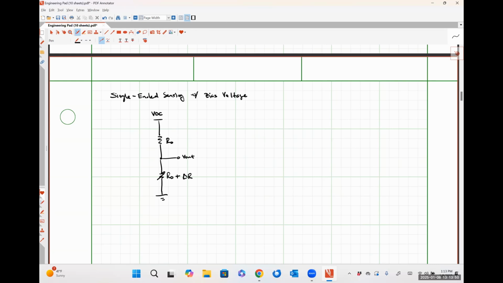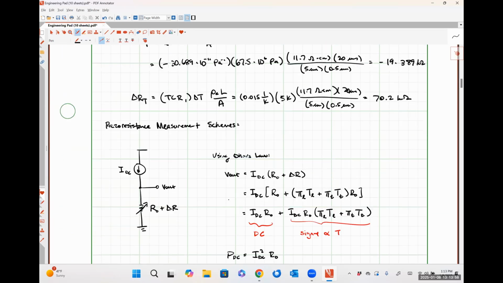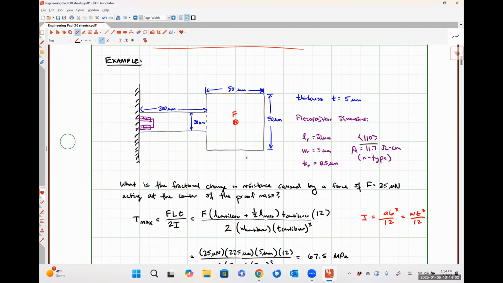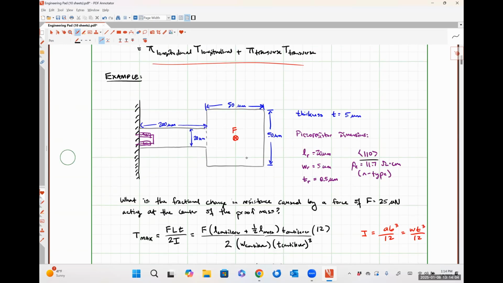So one of the critical aspects of this particular type of sensing is our ability to create a reference resistance. So if we scroll back up to the previous example where we had a cantilever beam based piezo resistive sensor, our reference resistor would literally be made by just adding a piezo resistor into the bulk material that will not undergo any stress whatsoever.